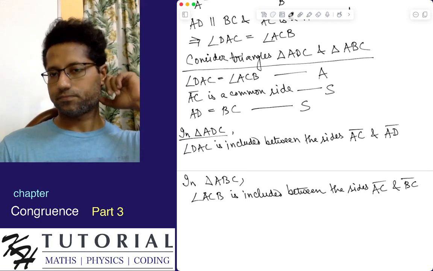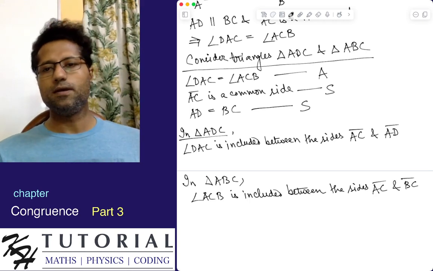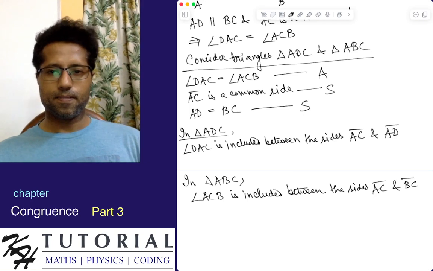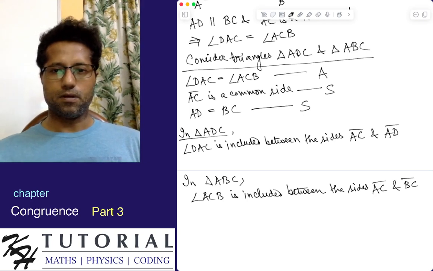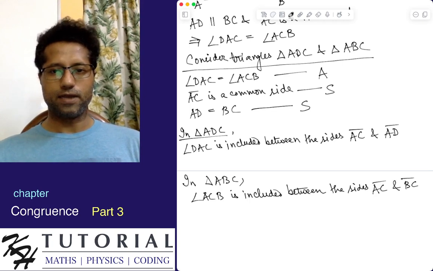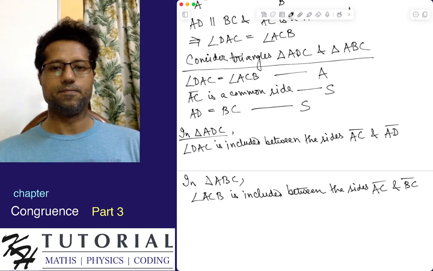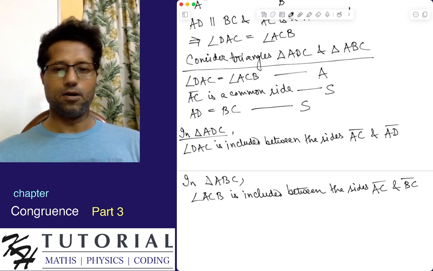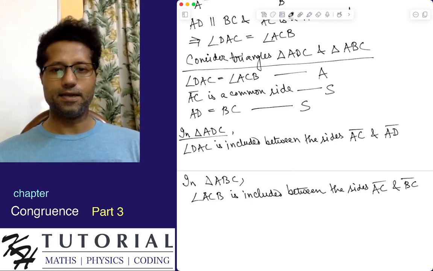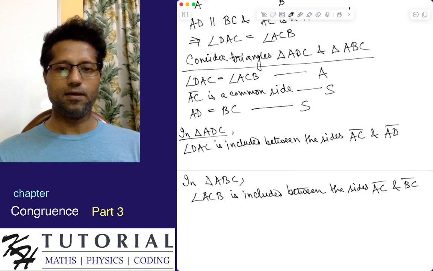The angle DAC for triangle ADC is the included angle between AC and AD, and in triangle ABC, angle ACB is the included angle between AC and BC.